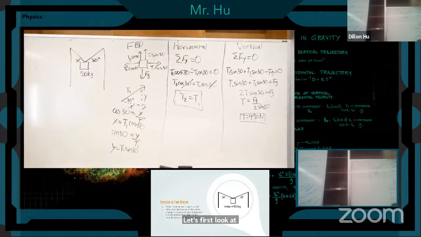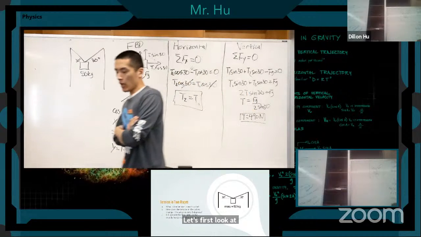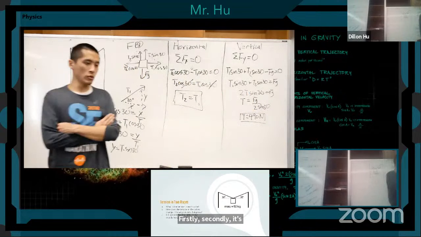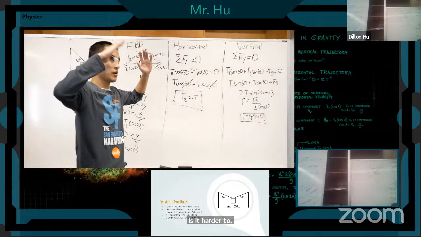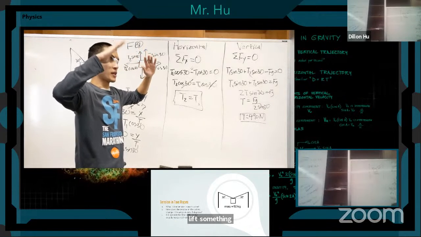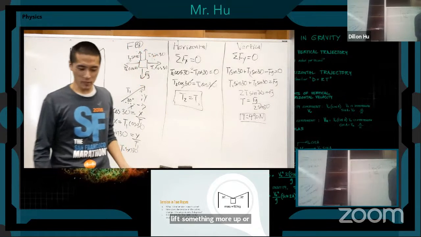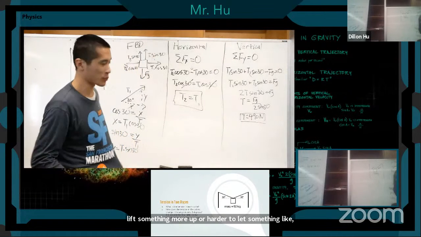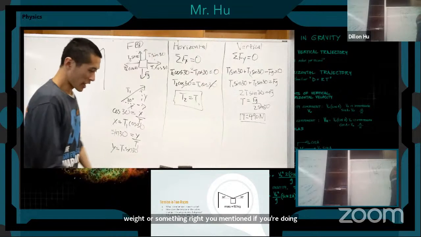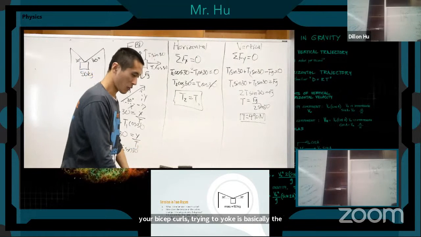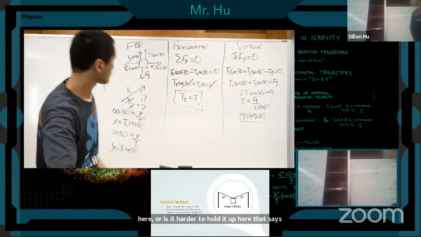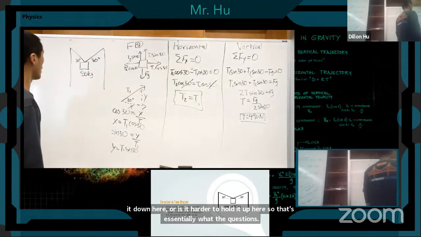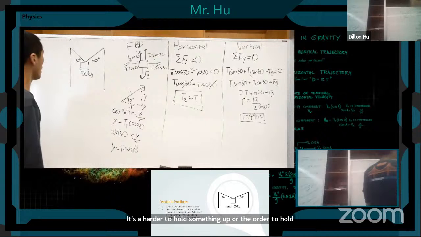It's basically, is it harder to lift something more up, or is it harder to hold it lower? Imagine if you were holding a weight, doing your bicep curls, trying to get yoked. Is it harder to hold it down here, or is it harder to hold it up here? That's essentially what the question is asking. Is it harder to hold something up, or is it harder to hold something down?